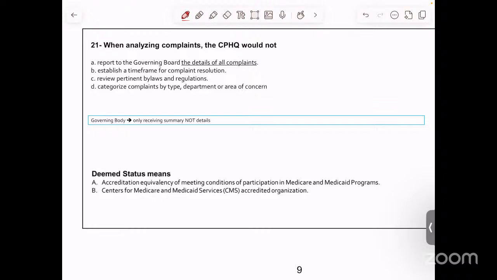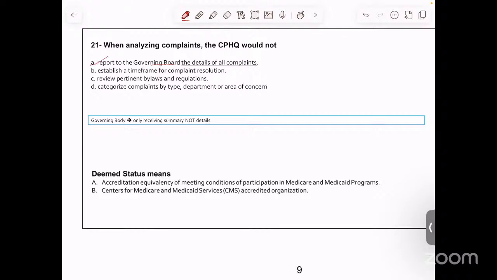What's your answer? When we say governing body, they only receive a summary, not details. So this is the correct answer.